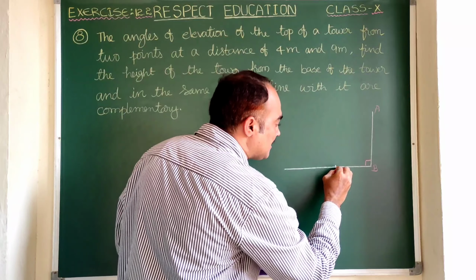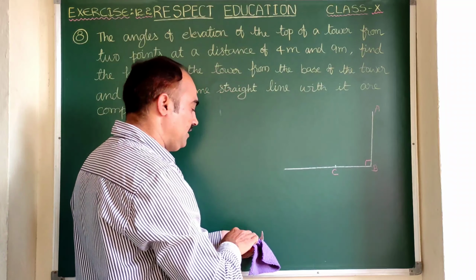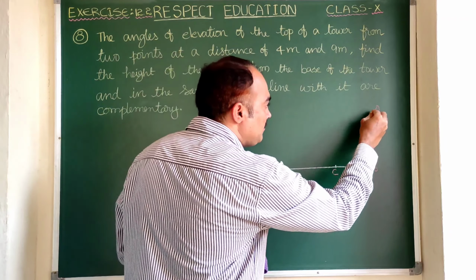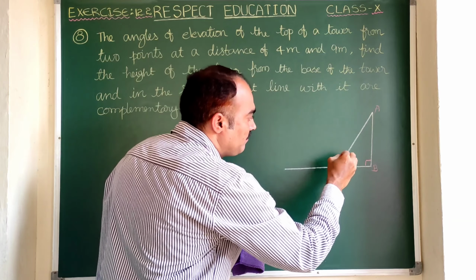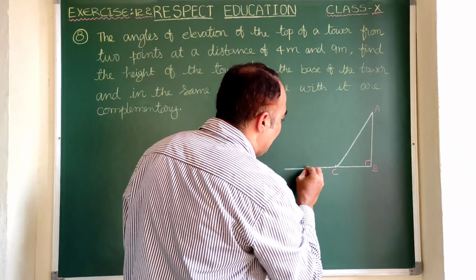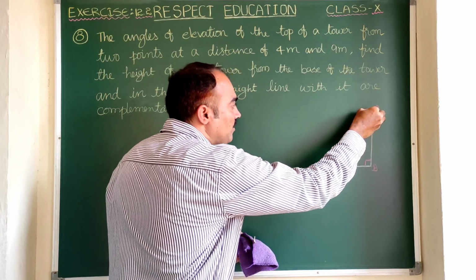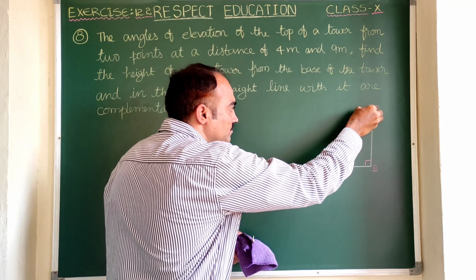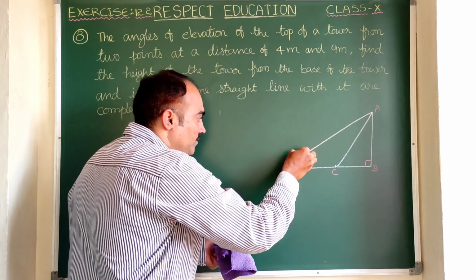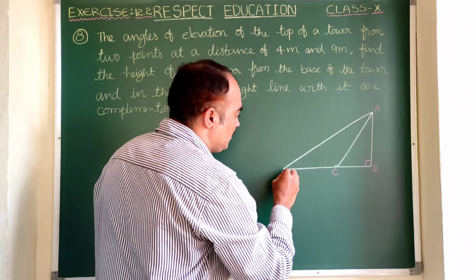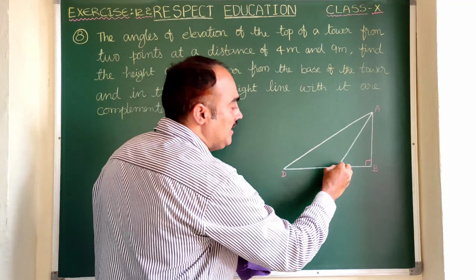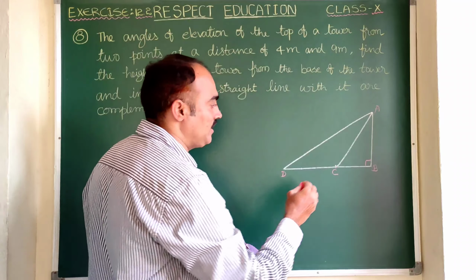From B, let us consider a point. From this point, the angle of elevation, this angle. Let us consider another point. From this point, the angle of elevation. So here there is a condition to take these points.